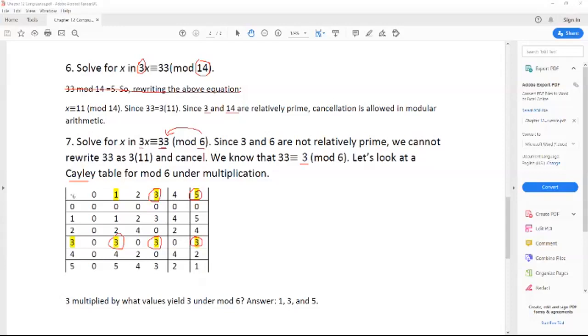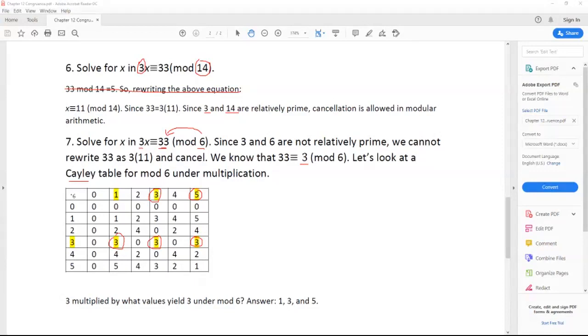So yes, 33 is equivalent to 3 in mod 6. And we know that 3 is an element in our table here. So 3 times 3 gives me 3. 3 times 1 gives me 3. 3 times 5 also gives me 3. So we have 3 solutions here: 1, 3, and 5.